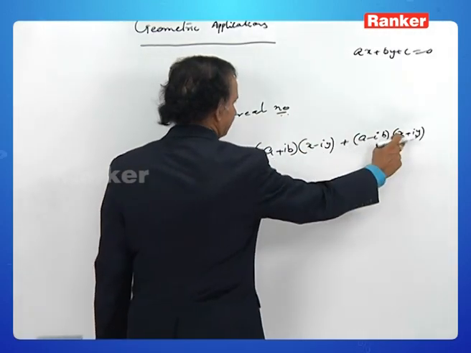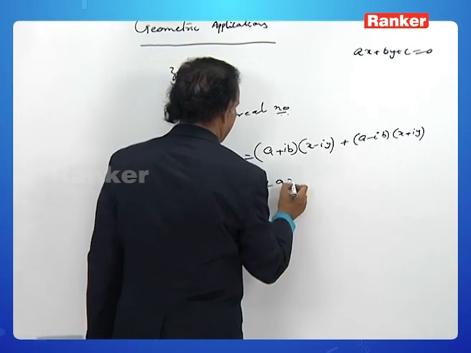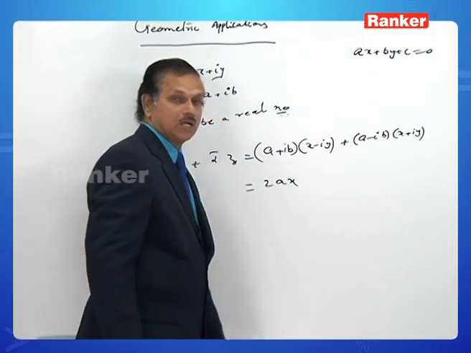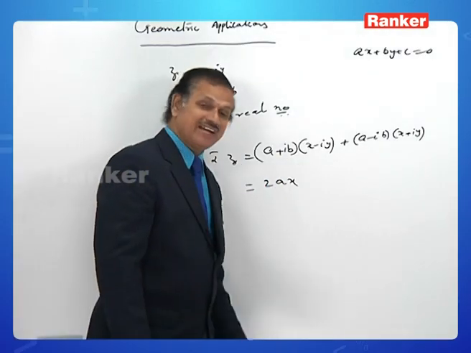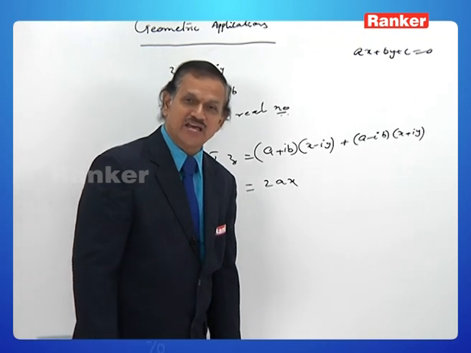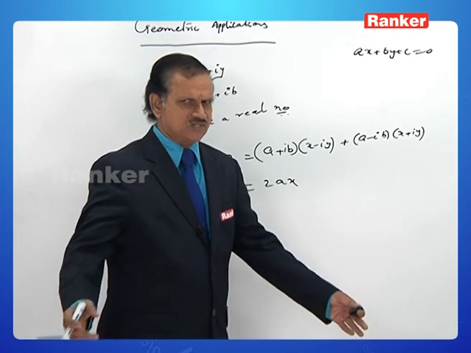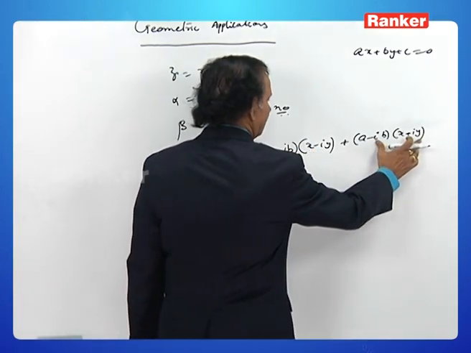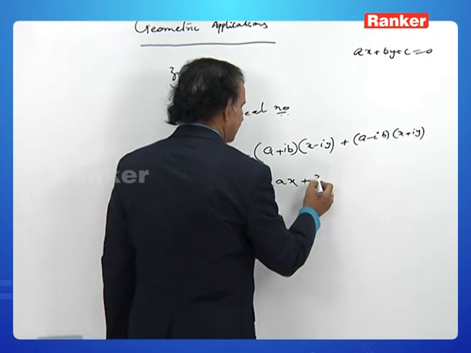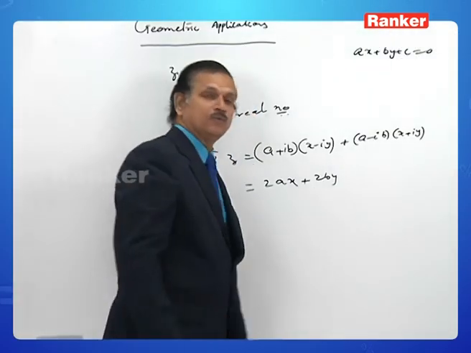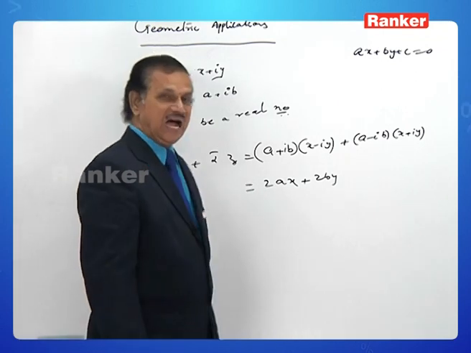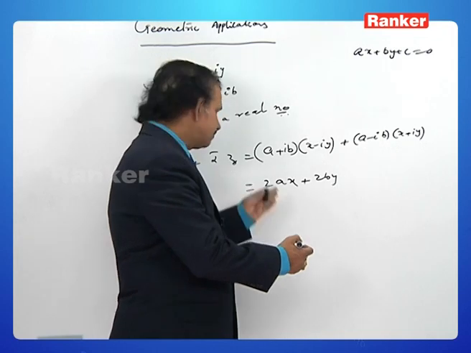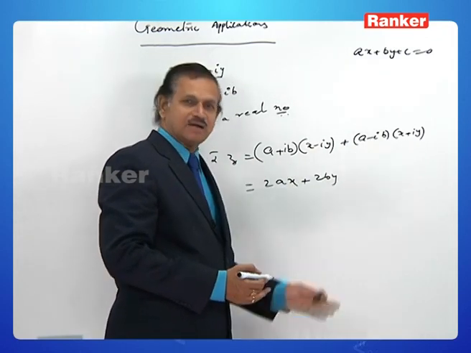ax plus ax. ib into iy, ib into minus iy: minus i square by. What is minus i square? Plus 1. So it is by. It is also by. What does it mean? 2by. So far, I could have collected, rather gathered, the real part of this big complex number.